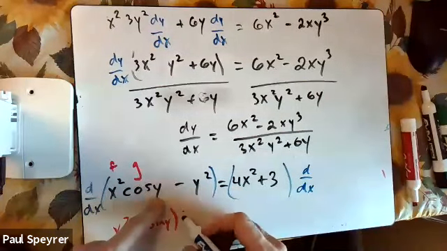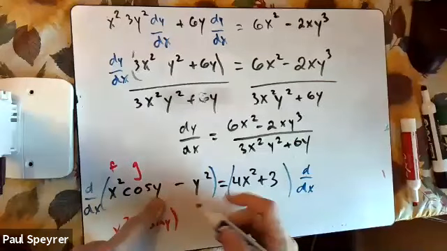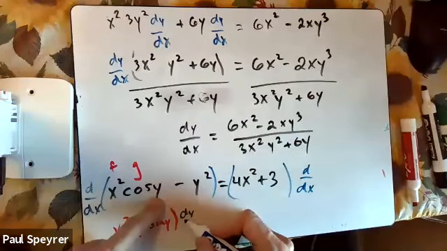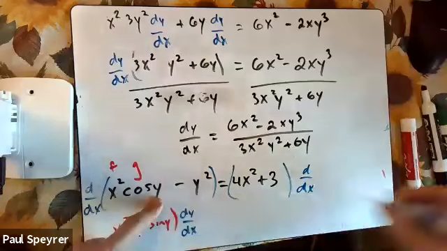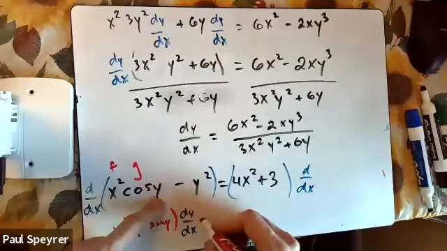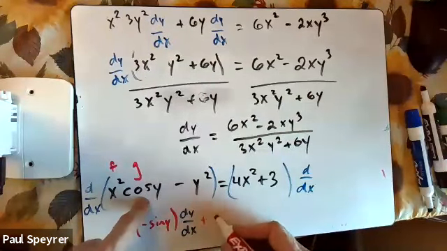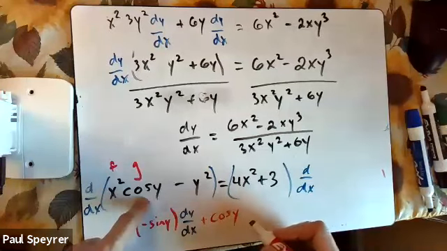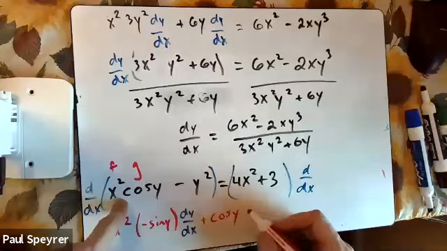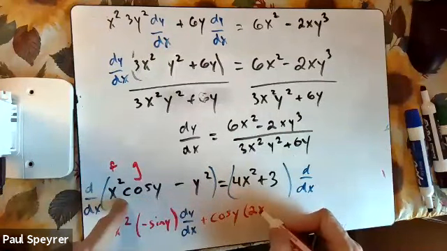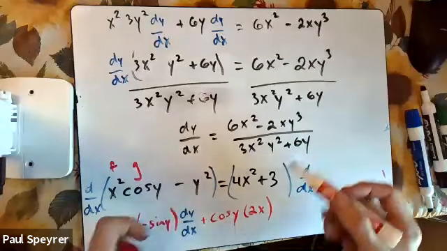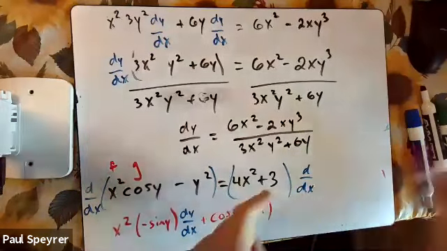Derivative of y with respect to x is dy dx. And then we have plus g times f prime. Derivative of x squared is 2x. All right, so that was our product rule right there.